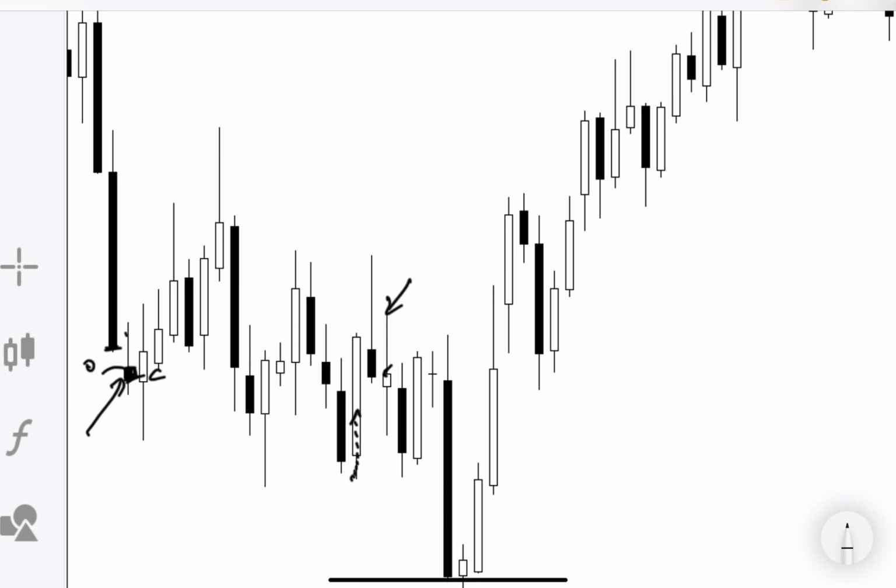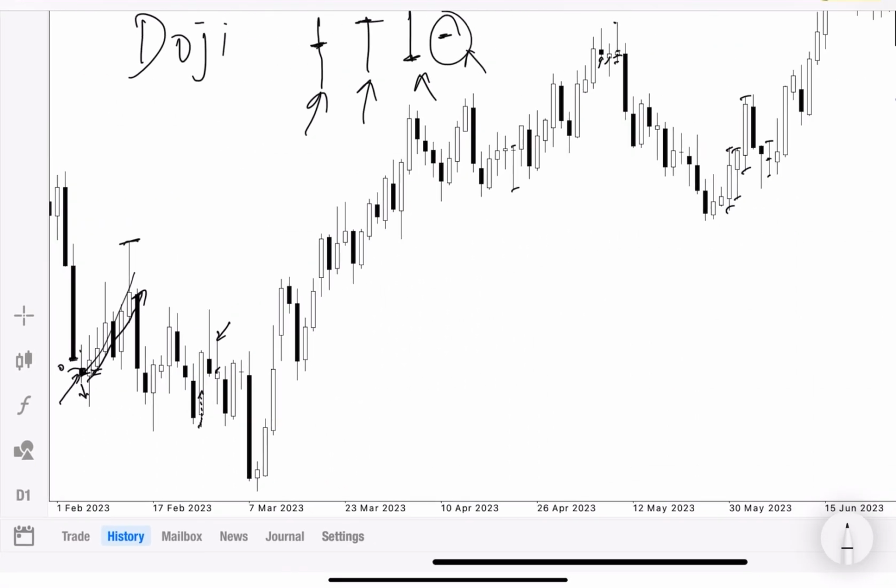So the market actually opened below the previous day's closing price, but it didn't make any progress to the downside. In that kind of scenario, even if it's not a perfect doji, even if it is something very similar to a spinning top, it gives you the indication of reversal, and you have seen that the market reversed gradually and went to this point. So that's all about the doji and spinning tops.